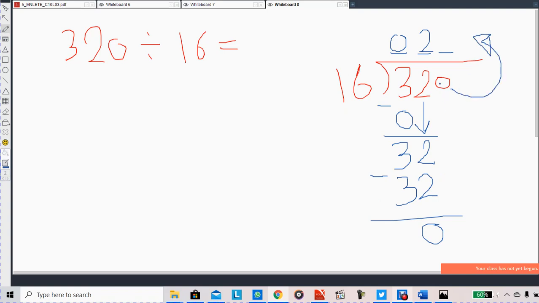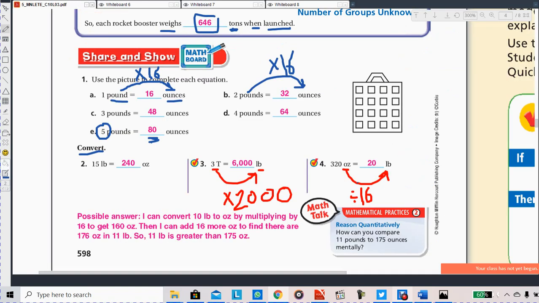Because if we have 0 remaining at the end here, don't bring it down, bring it up. So the answer is, let's cancel this 0 because on the left it has no meaning. So the answer is 20. So it will be 20 pounds.